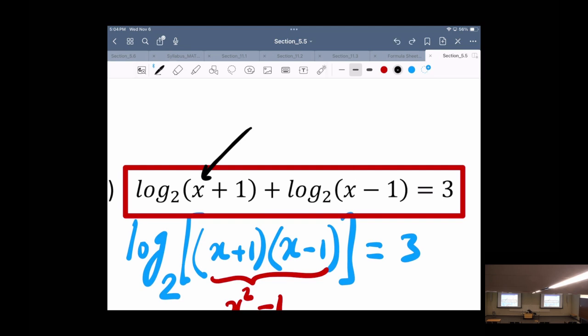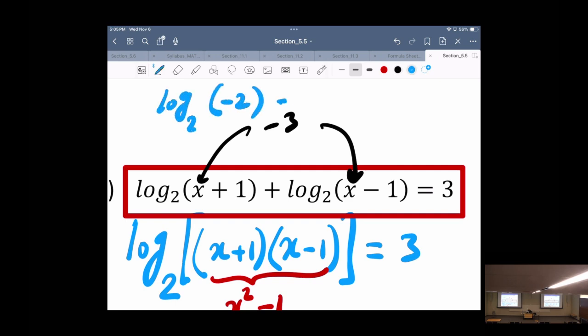But if you substitute negative 3 here and here, what do you get? You get log to base 2 of negative 2 plus log to base 2 of negative 4 equals 3, right? That's what you get if you substitute for x with negative 3.